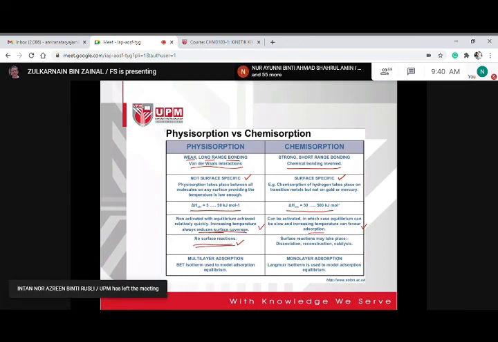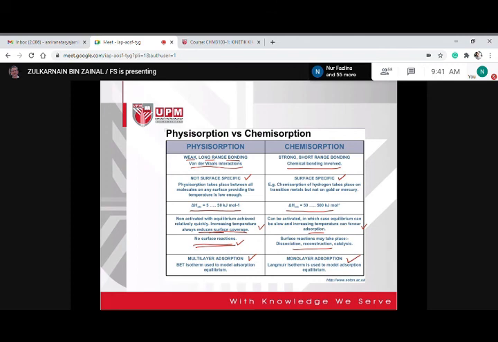It involves no surface reaction, meaning that if a molecule is adsorbed on the surface, nothing happens to the molecule. While for chemisorption, the molecule is adsorbed on the surface, and the molecule has changed to a different form, no longer the same molecule as it started. Physisorption can occur in multilayers, and chemisorption occurs only in a monolayer.